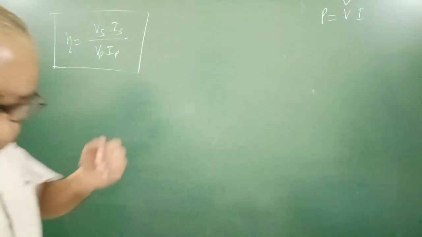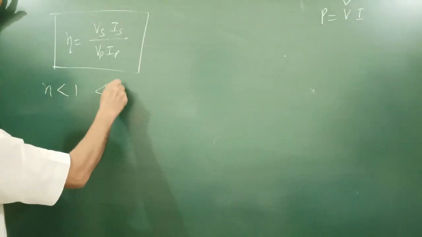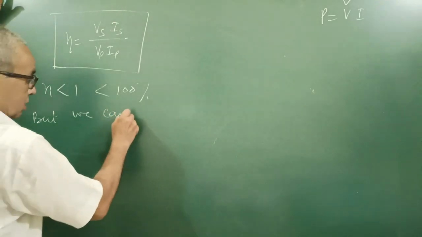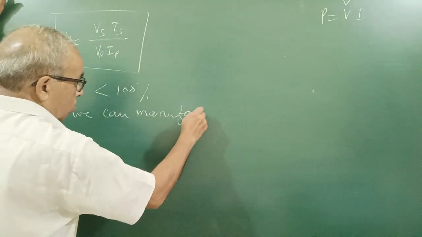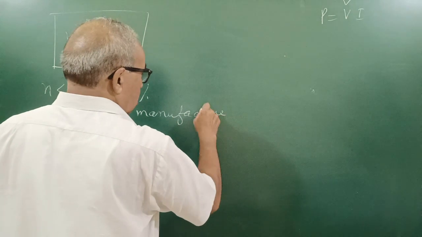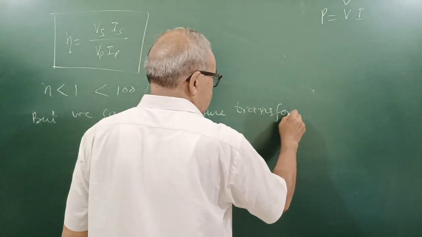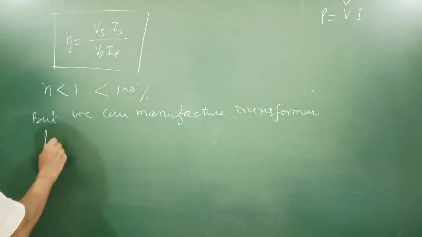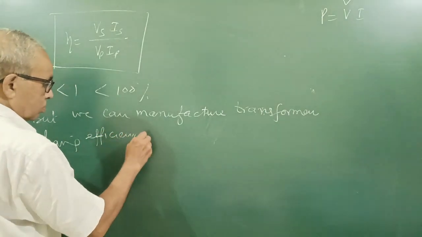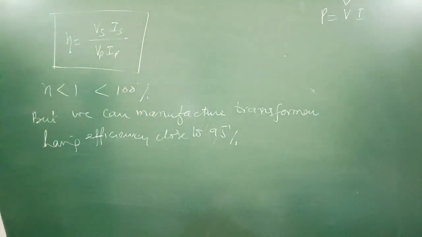But we can manufacture transformers having efficiency close to 95%, and such machines are supposed to be ideal.